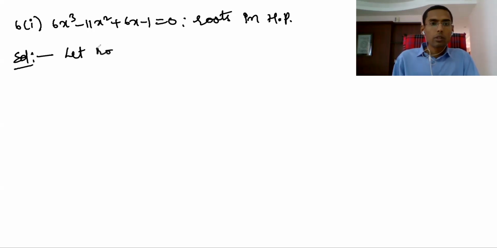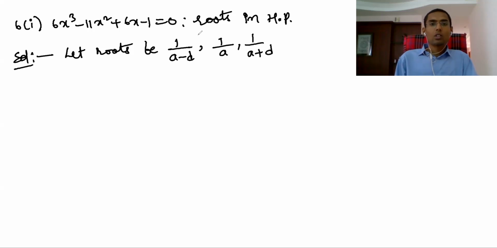like this. You can take 1 by a minus d, comma 1 by a, comma 1 by a plus d, like this I can take. So roots are in HP. Okay, 1 minute, not like this.